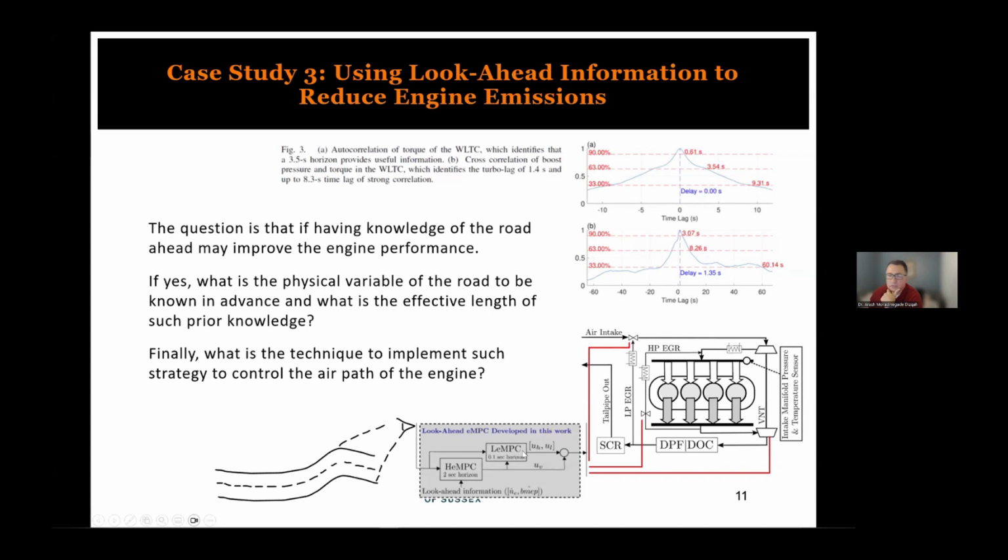Economic model predictive control, unlike the general model predictive control, doesn't track a given optimal solution, but by itself finds the equilibrium point as well. So it's called economic because it doesn't know what the equilibrium point or optimal solution is that it tracks. It finds it and tracks it both together. And the result was controlling the turbocharger and the 2 EGR of a vehicle that was in the production line at JLR.